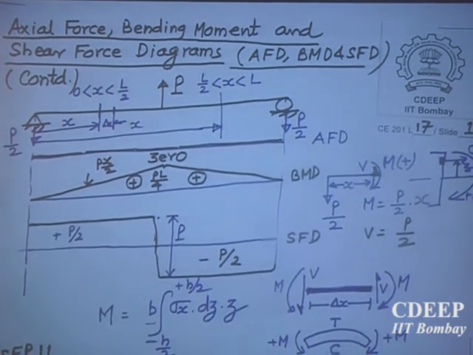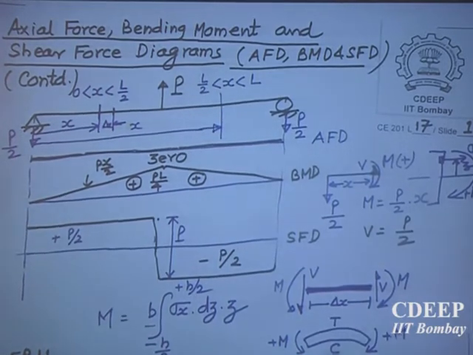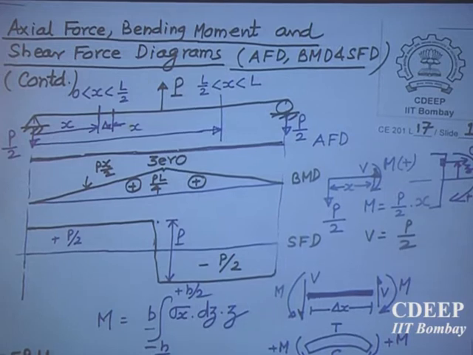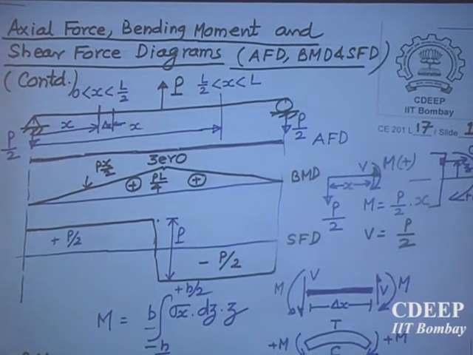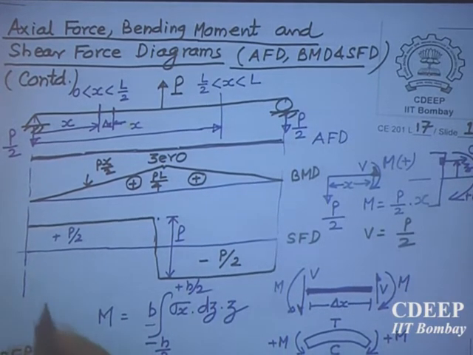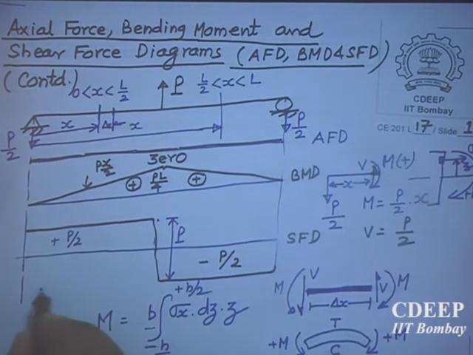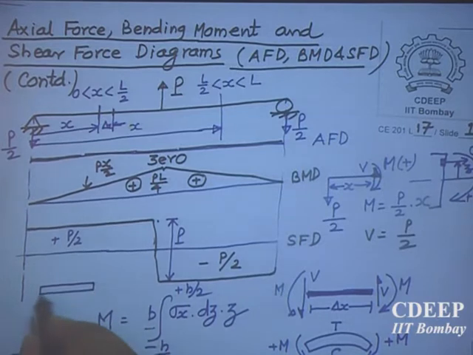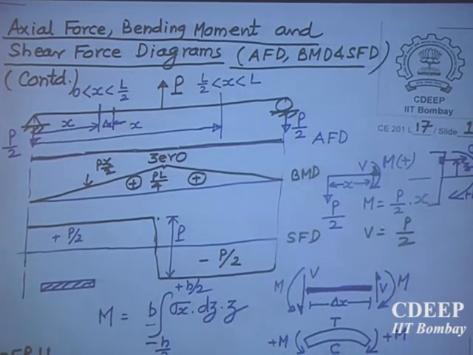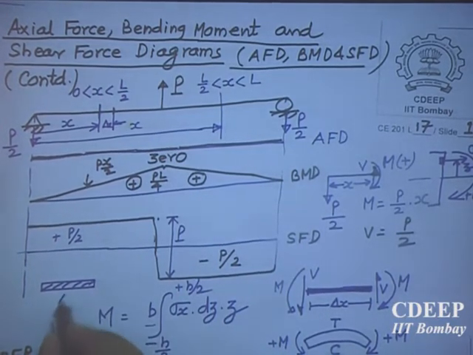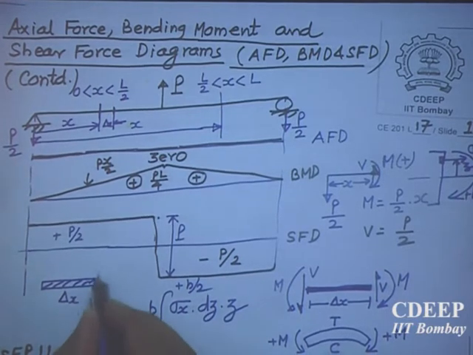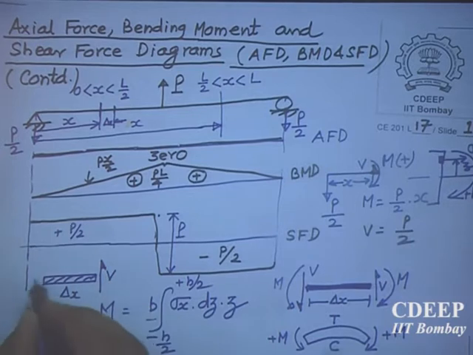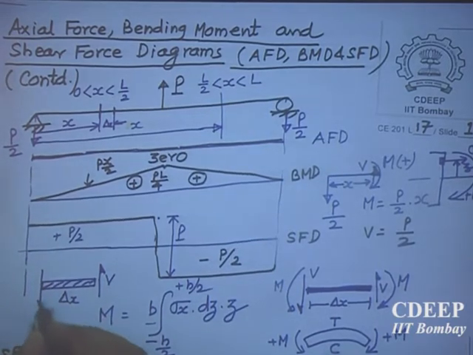What about shear force? Shear force is defined in so many ways in different books. I don't agree with many of those explanations. If this is your beam element dx, positive shear on positive x is like this, positive shear on negative x is like this.